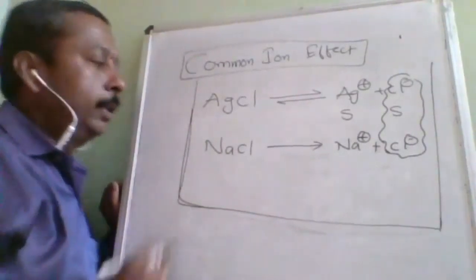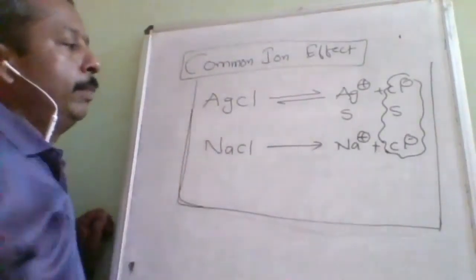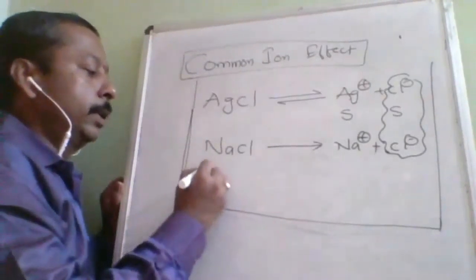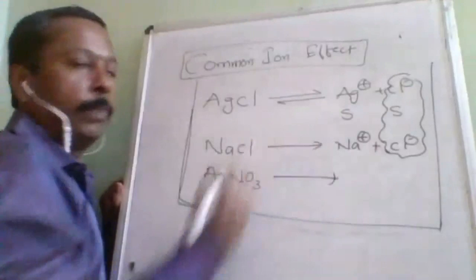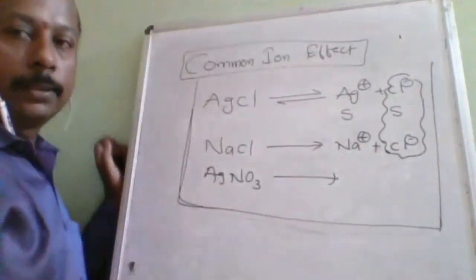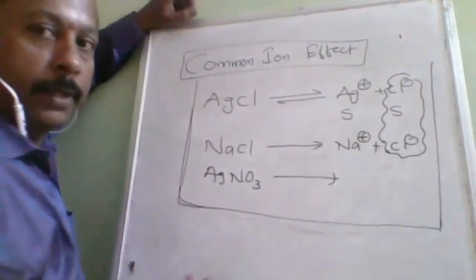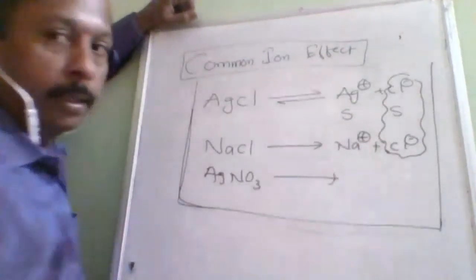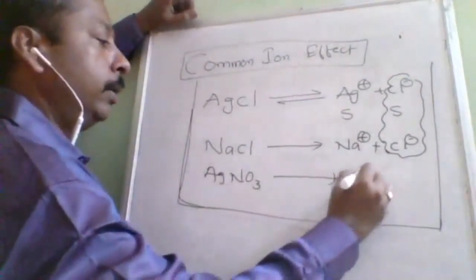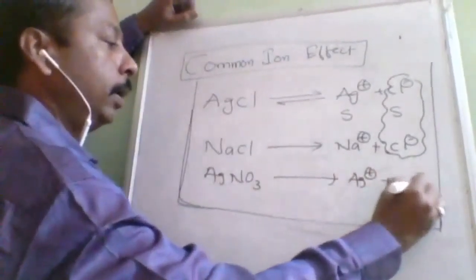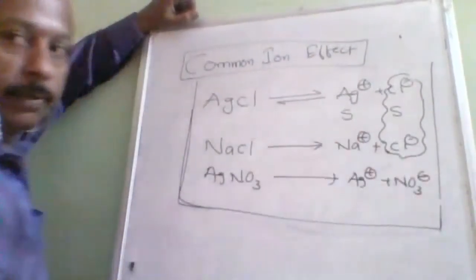Now the same effect can be shown in the case of AgNO3 also. But in the previous condition, the common ion effect was caused by what? Cl minus. Now the common ion effect is due to Ag positive. Ag positive will suppress it.